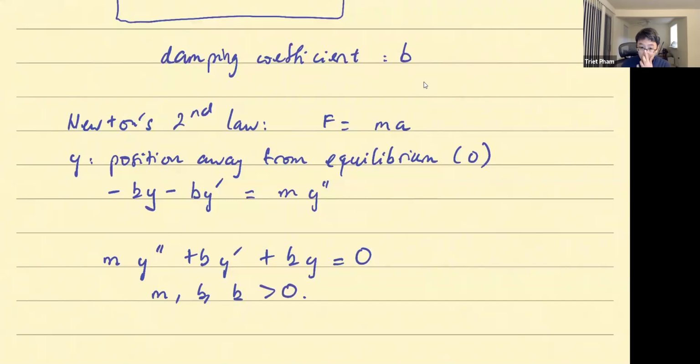The solution has some physical properties that we can infer from the parameters, the coefficients. That will be interesting. So that is the model that we want to discuss. Any question here?